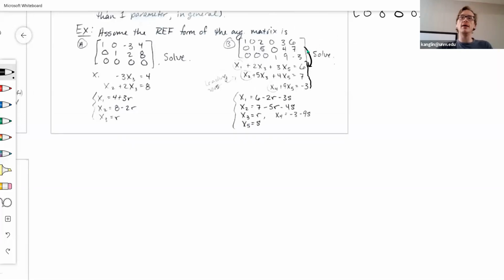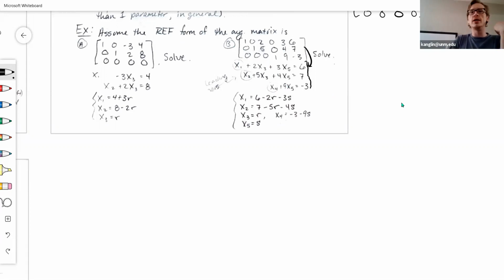And from there, I assume this is already in the REF form. It is, you can check that. But I look for the leading variables. The first equation is x1, the second equation's lead variable is x2, the third equation is x4. And if I look at that, that means x3 and x5 must be free variables.